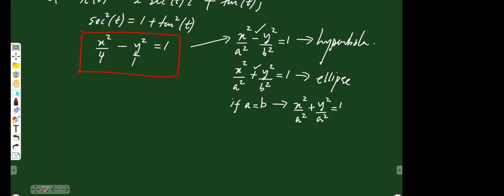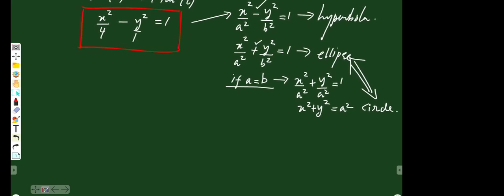Then cross multiply, so you get x squared plus y squared is equal to a squared. So that becomes a circle. So the ellipse becomes a circle under this condition. You understand that bit, right?